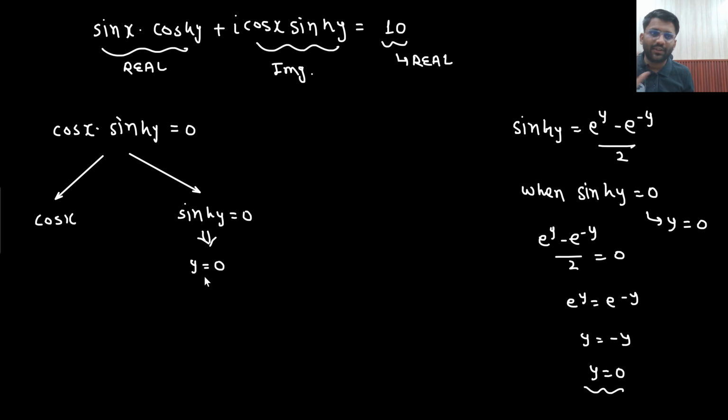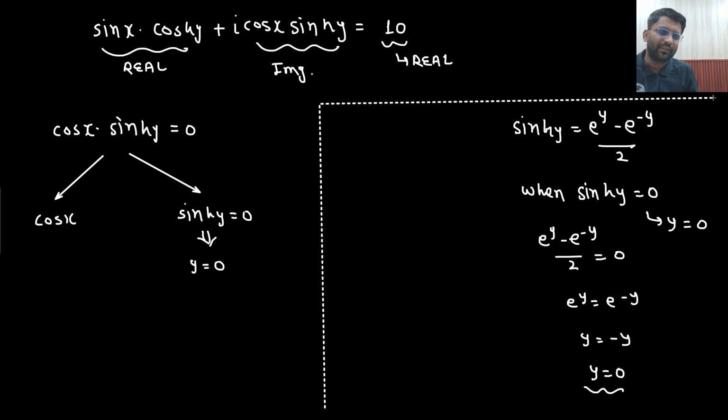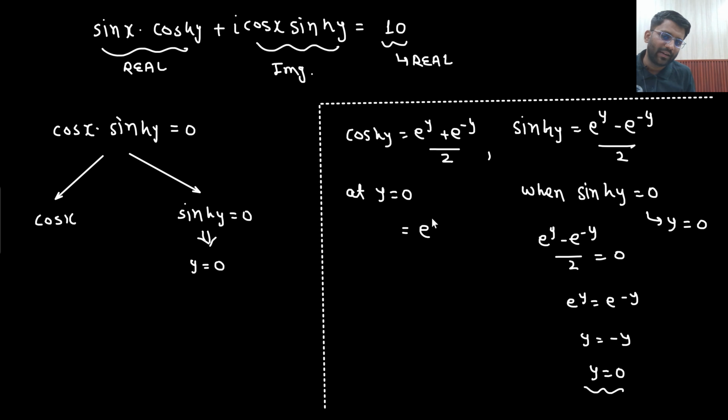And if y is 0, then what will be the value of cos hyperbolic y? Cos hyperbolic y is nothing but e to the power y plus e to the power minus y divided by 2, at y equals to 0. At y equals to 0, you will get e to the power 0 plus e to the power 0 divided by 2.